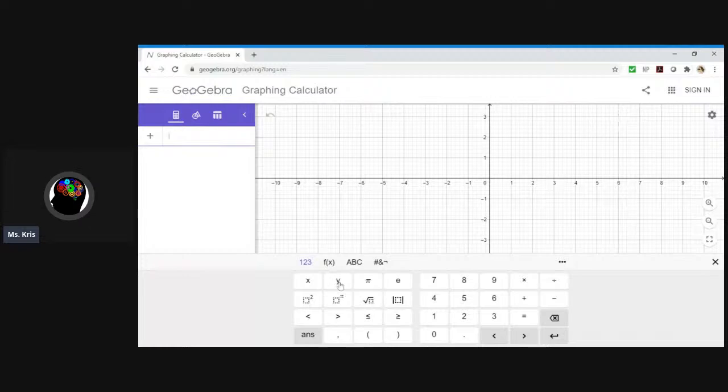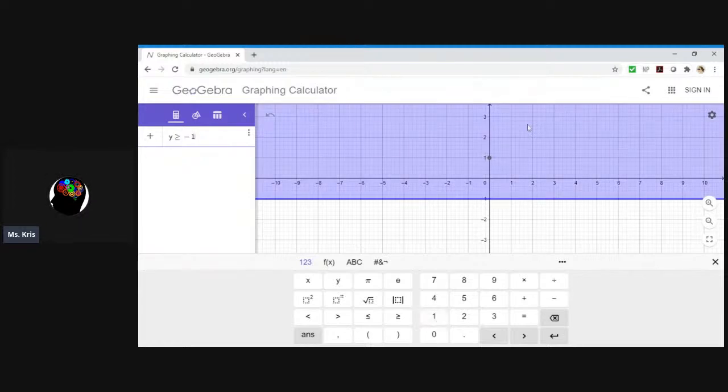With this graphing calculator, I wanted to show you what it's like to solve systems of linear inequalities. You will see these when you have a system of inequalities and you have to graph them. Say for instance, your inequality is y is greater than or equal to -1, which means it goes up.